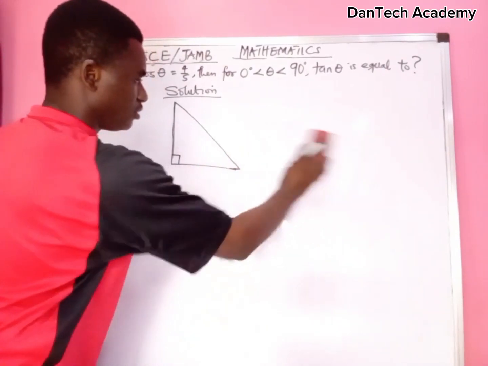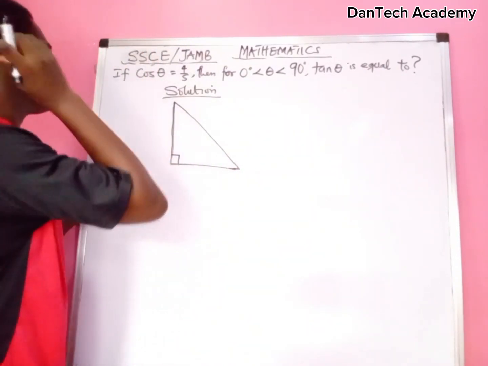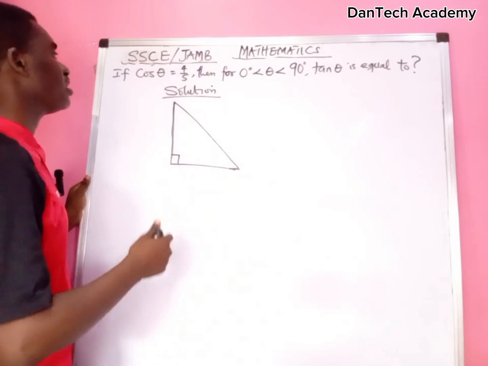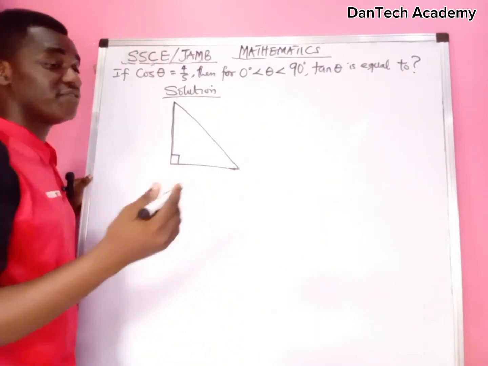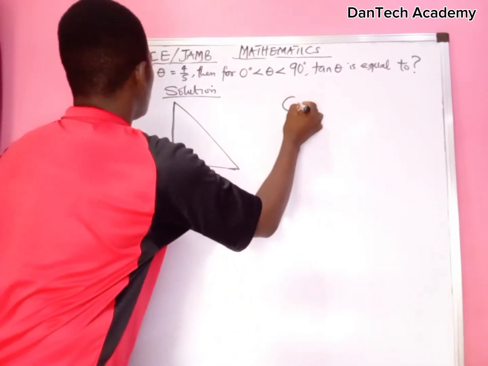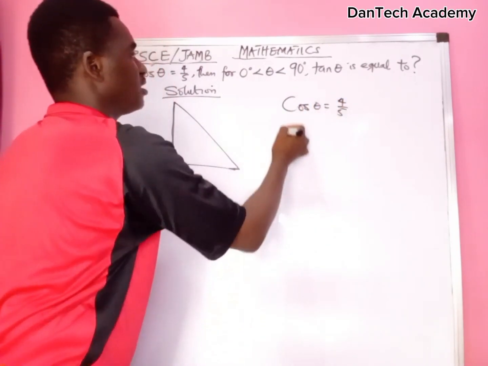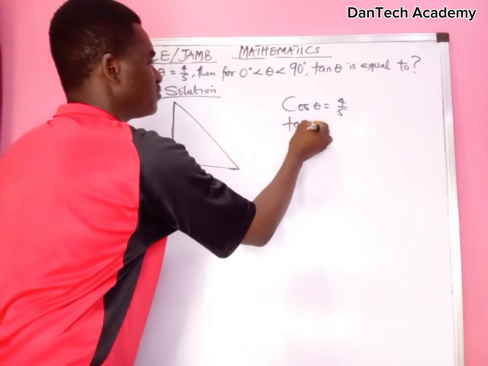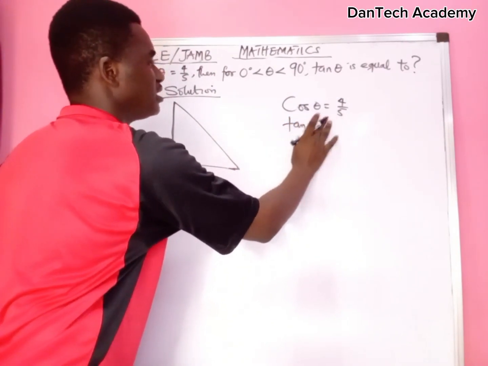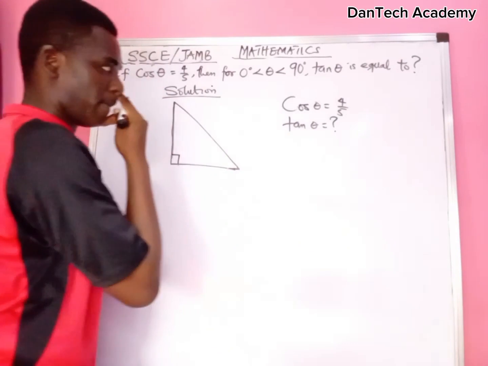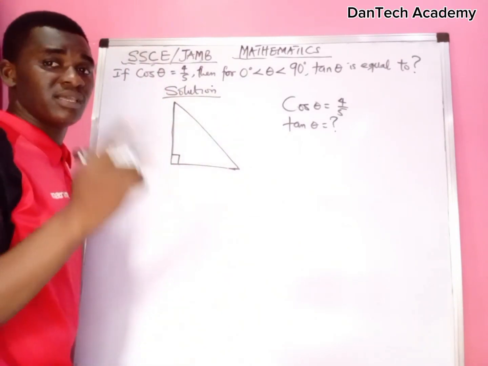So what we do here now is this. Since we are given cos theta equal to 4/5, we know what our cos theta is, 4/5. We don't know the answer for tan theta, right? Tan theta is unknown. Now something is missing.